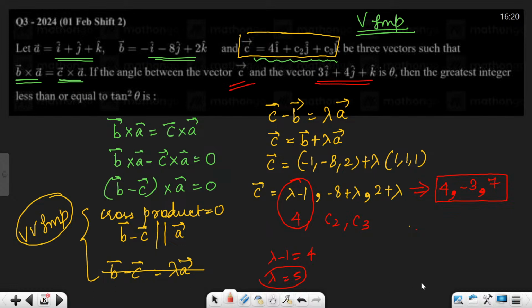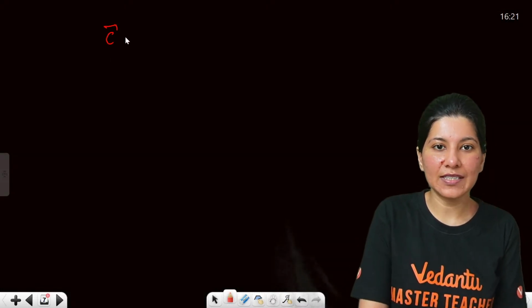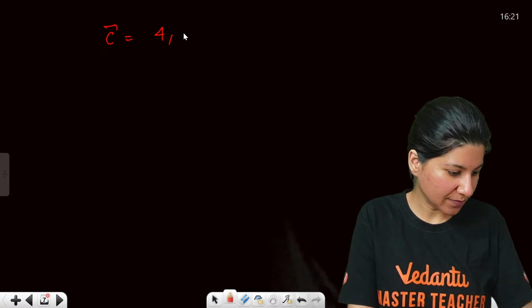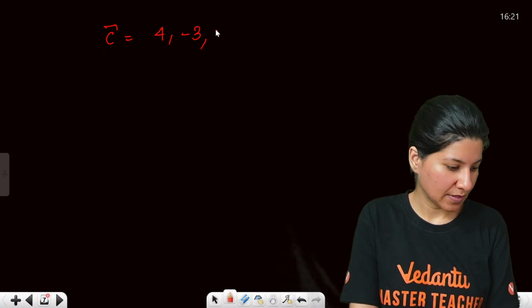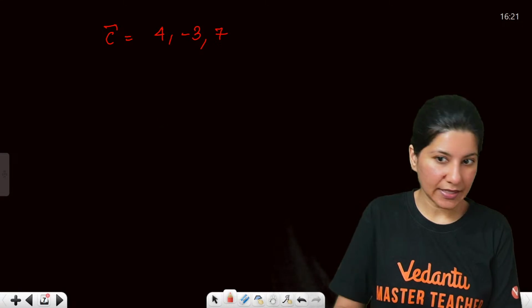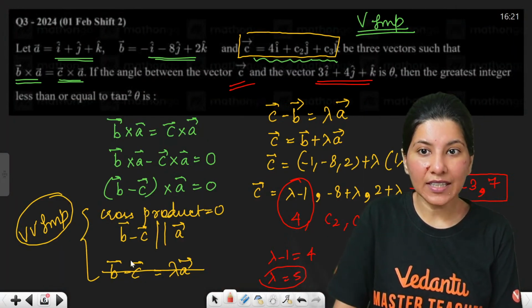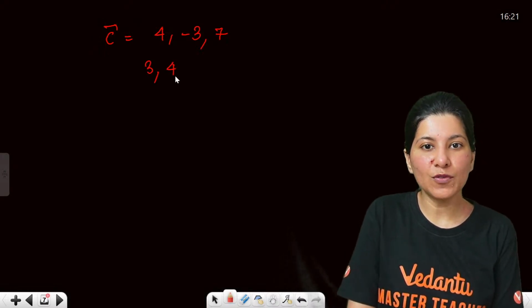All right, let us just go to the second page. C vector is 4 comma minus 3 comma 7, right? You are looking for angle between C vector and another vector, which is 3 comma 4 comma 1.